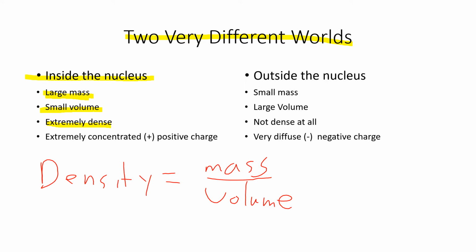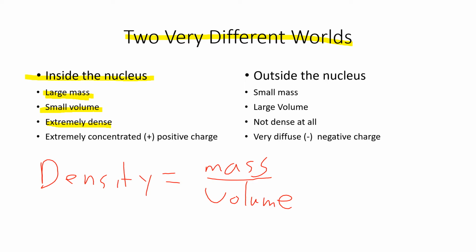It has a lot of mass compared to the volume. The density of an individual nucleus is millions to billions of times more dense than the densest material that you're used to dealing with and manipulating here on our macroscopic scale. So when we say extremely dense, we mean extremely dense.